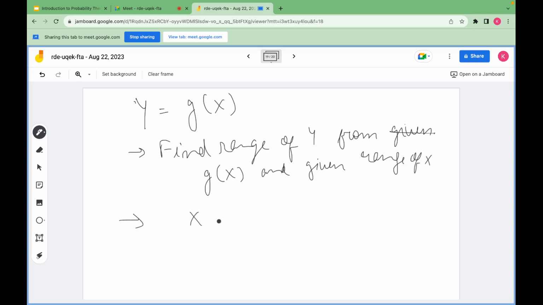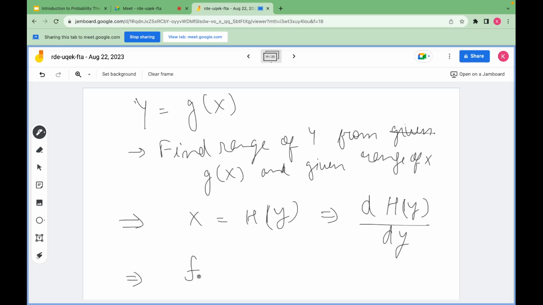Then write x in terms of y, some function h(y). Then find dh(y) by dy. Now the probability density function for random variable y is nothing but the probability density function of x into dh(y) by dy. So these are the 3 easy steps to solve such kind of problems.